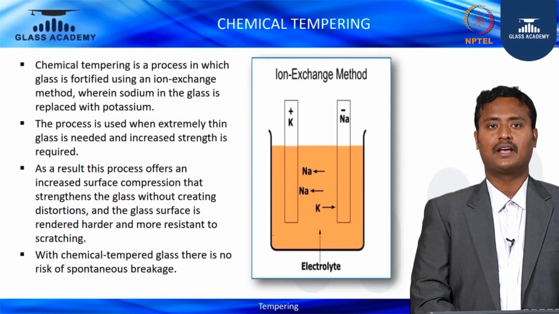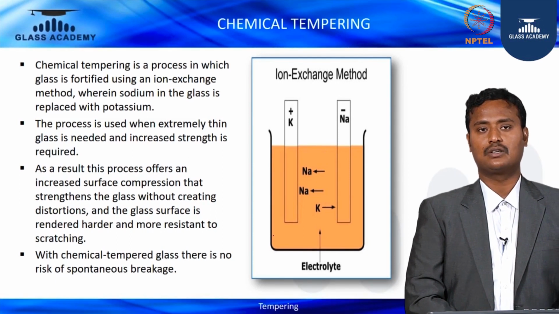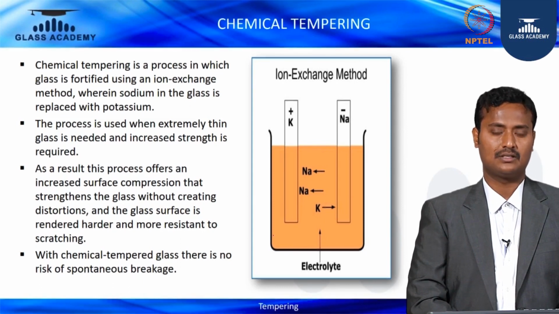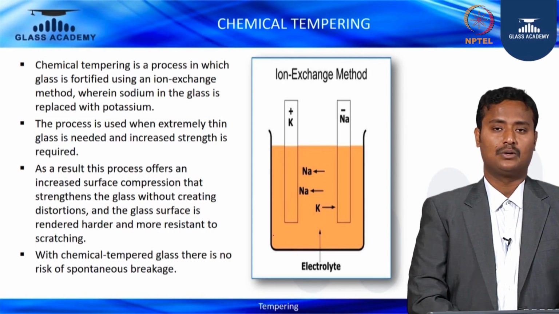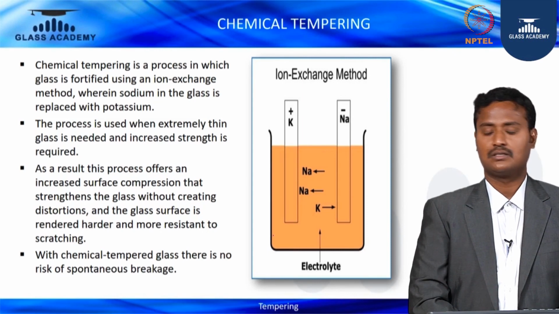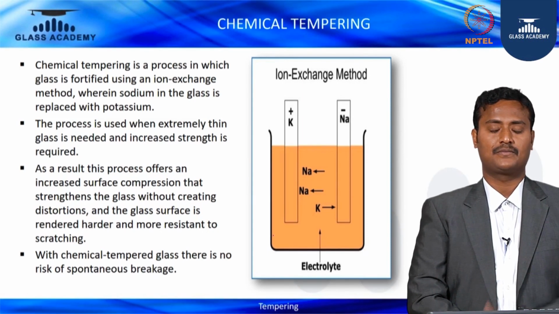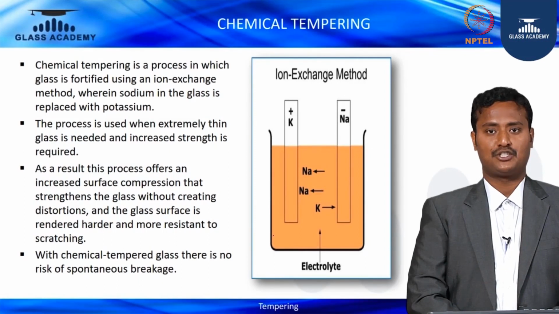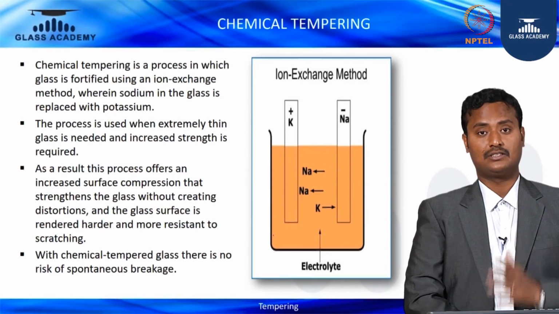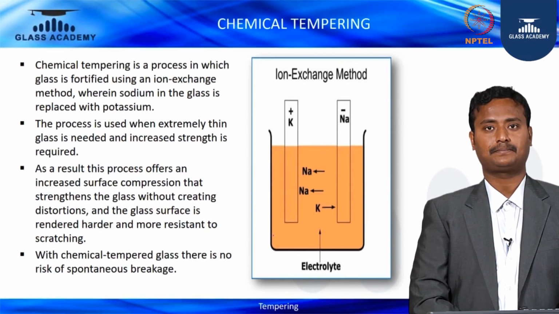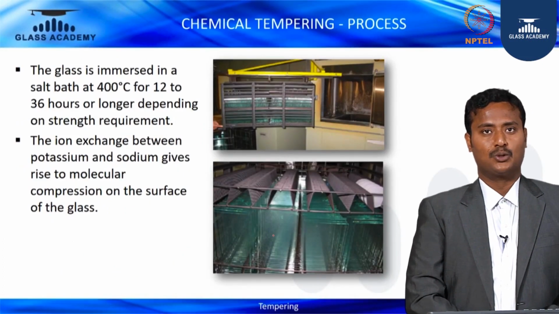With chemically tempered glass, there is no risk of spontaneous breakage. This is one of the ideal solutions, and the ion exchange method is the best tempering process for thinner glasses. So let us look at the process.